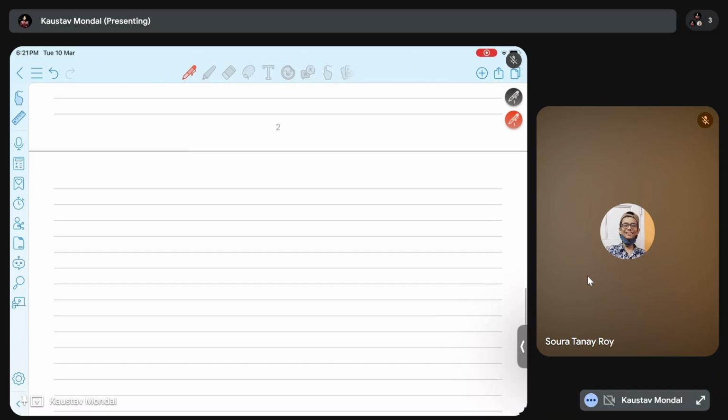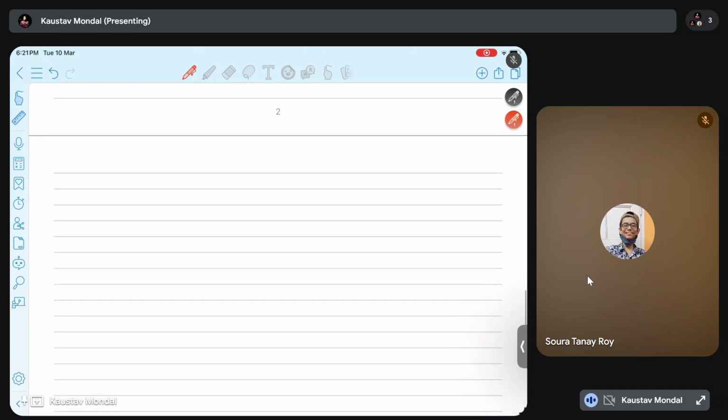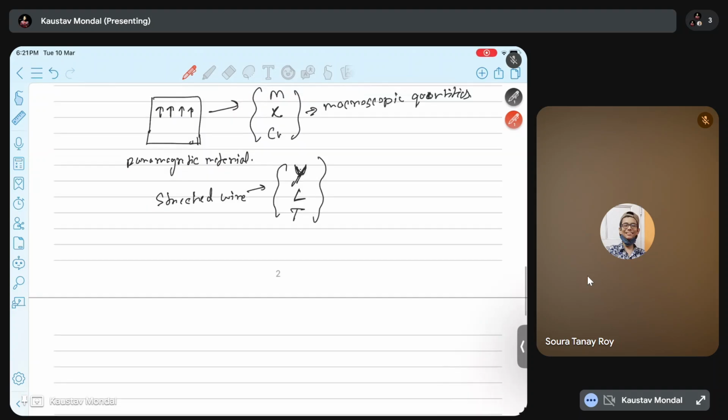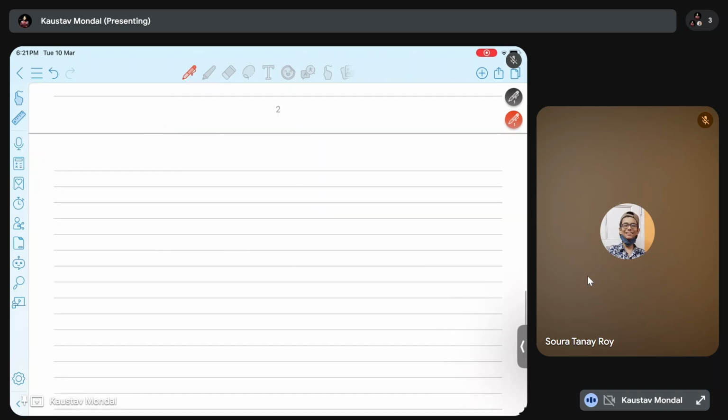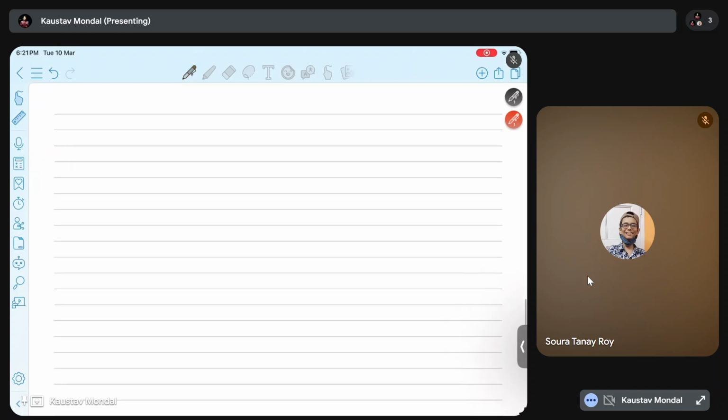Now there are two types of parameters, or macroscopic quantities. First are the intensive parameters or quantities.